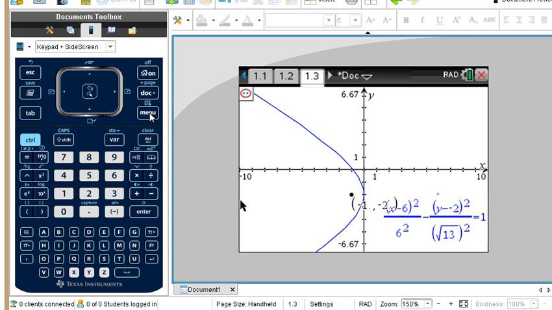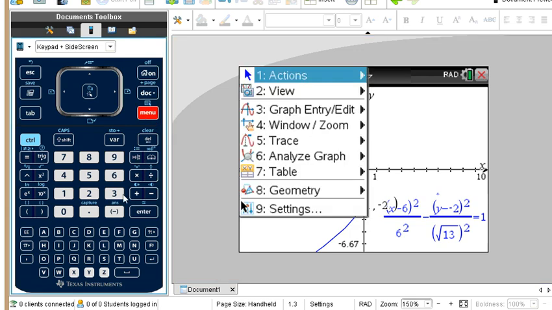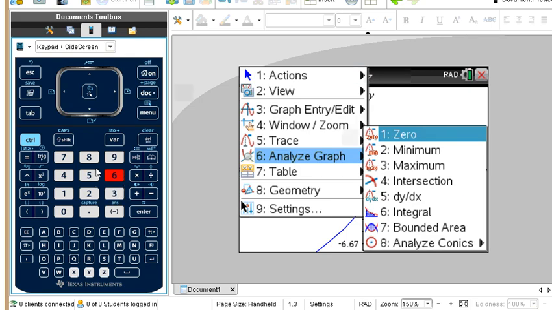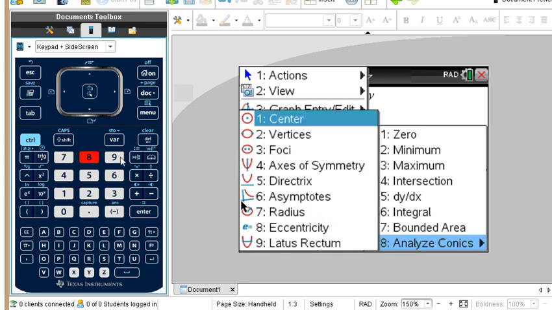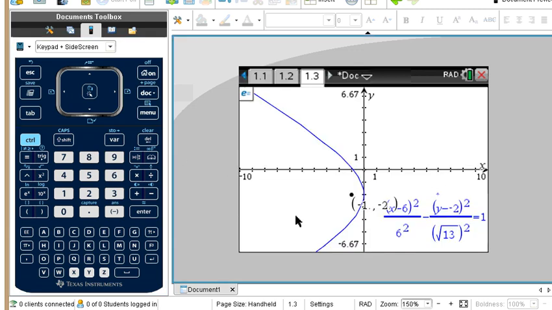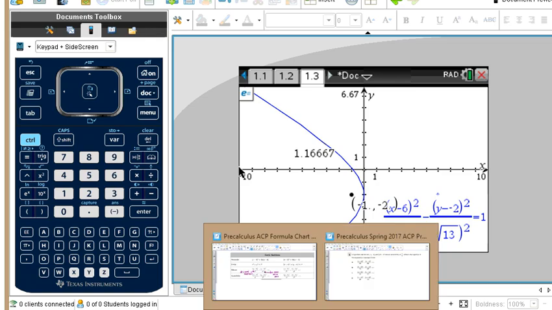So if we go to menu, we'll go to analyze graph, and then 8, analyze conics, and then we choose 8, eccentricity, and we click on this, and we get this number here, 1.16667. Okay, and that's going to be 7/6.